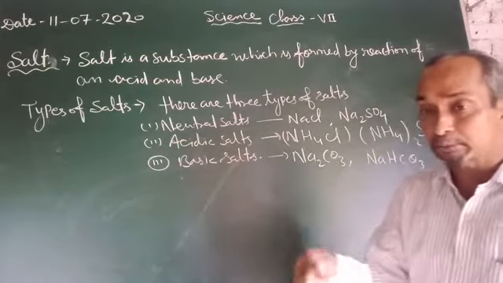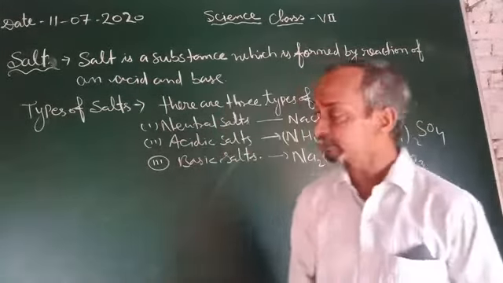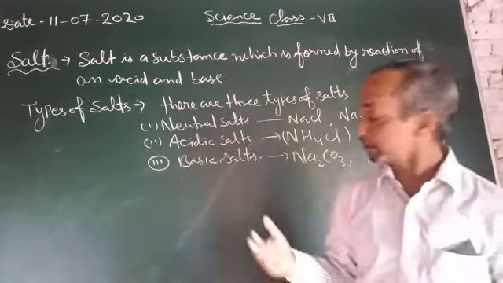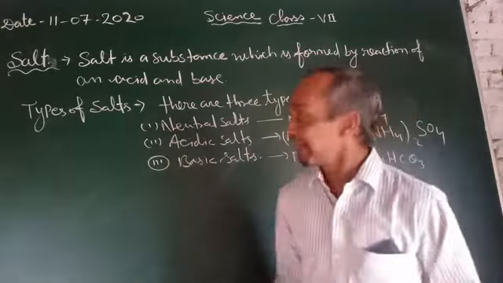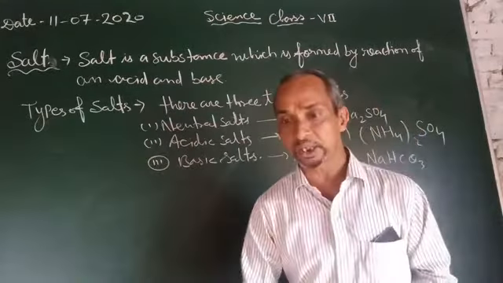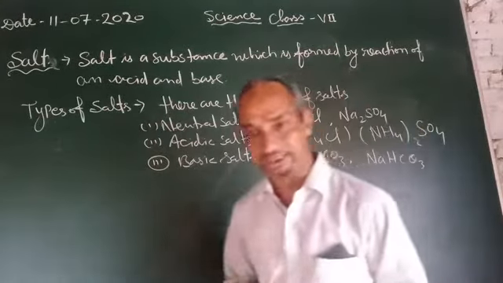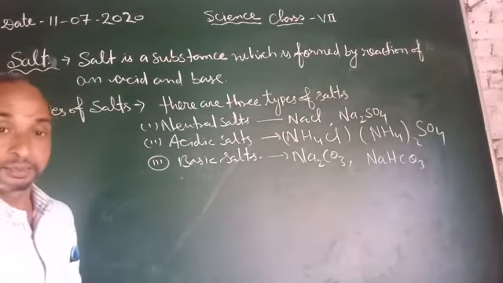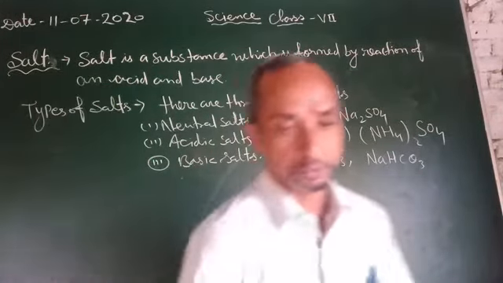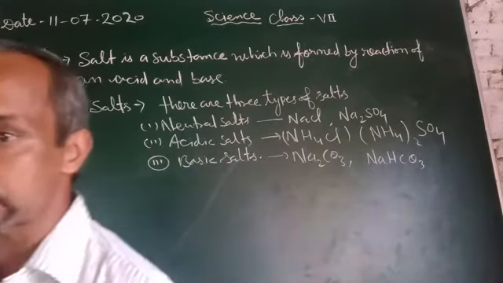Neutral salts give a neutral solution, acidic salts give an acidic solution, and basic salts give a basic solution after dissolving in water. So these are the different types of salts and properties of salts. With this, the chapter has been completed.